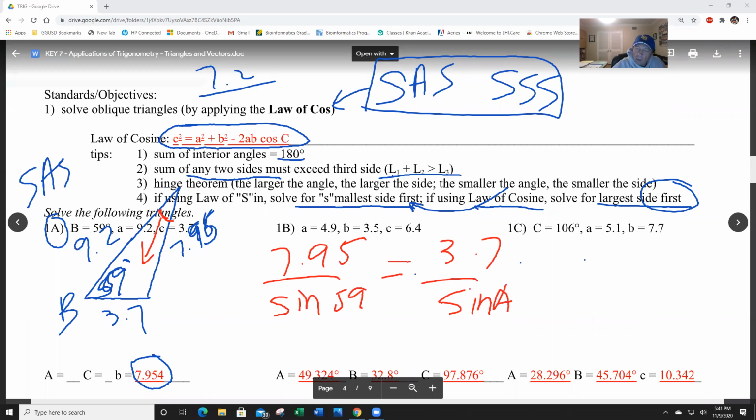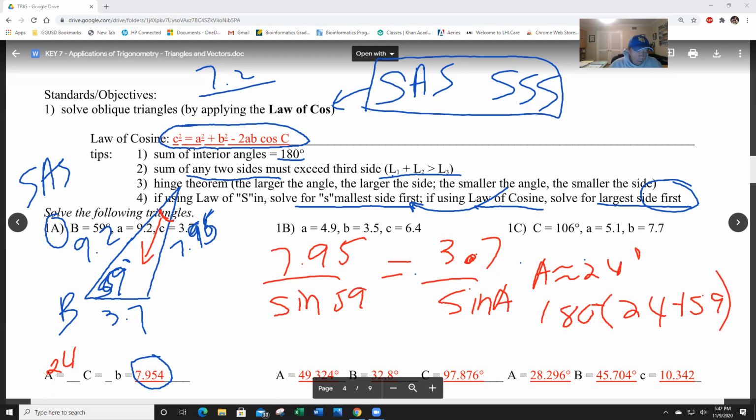And again, I'm not going to go over the calculator keystrokes. You should be able to have that one down. And A is going to come out about 24 degrees. Okay, so A is about 24 degrees. And then you'll be able to get C fairly easily by going 180 minus 24 plus 59.